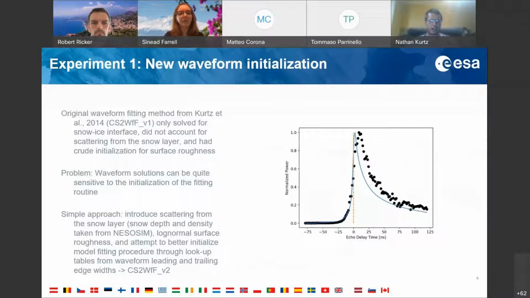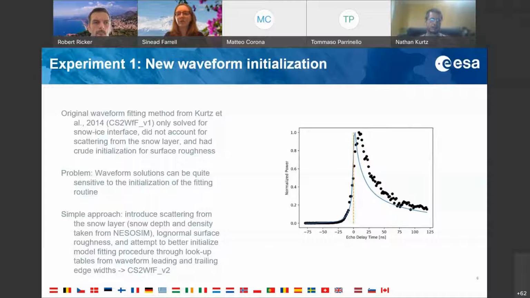To do that, we just use the original fitting method from the 2014 paper, which is pretty simplistic. It didn't actually solve for the snow-ice interface, and so it didn't account for any scattering from a snow layer. It had a crude initialization for the surface roughness.